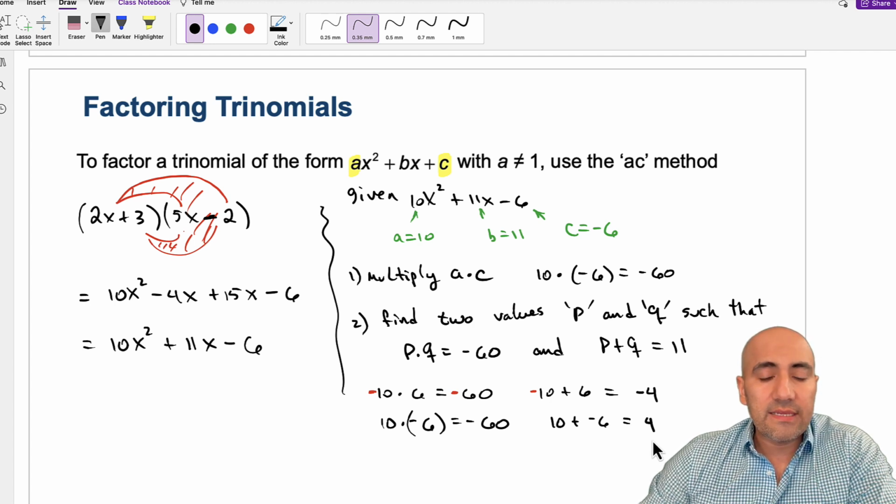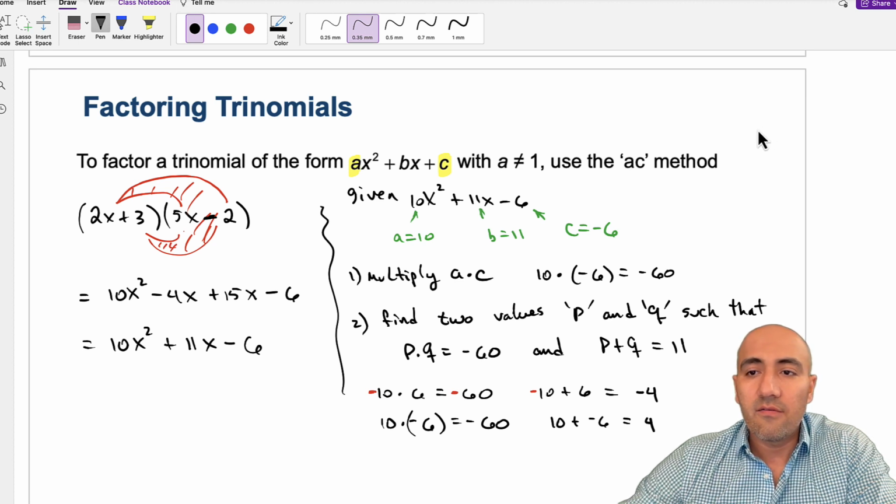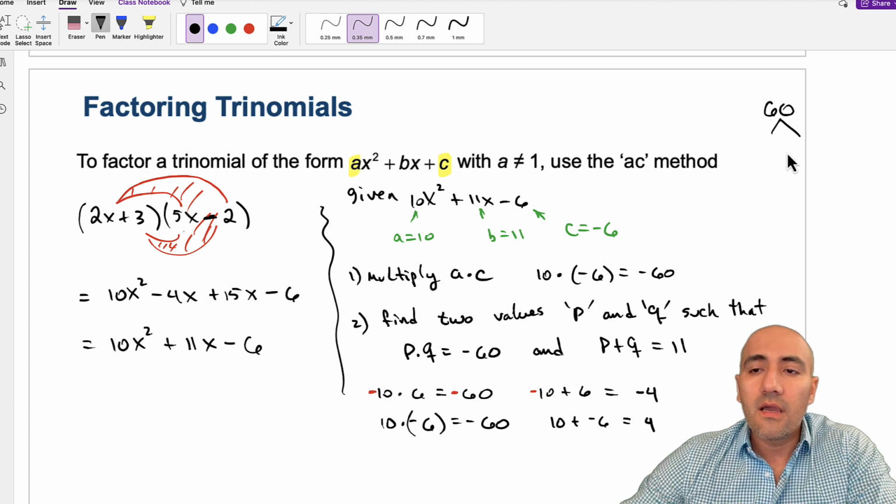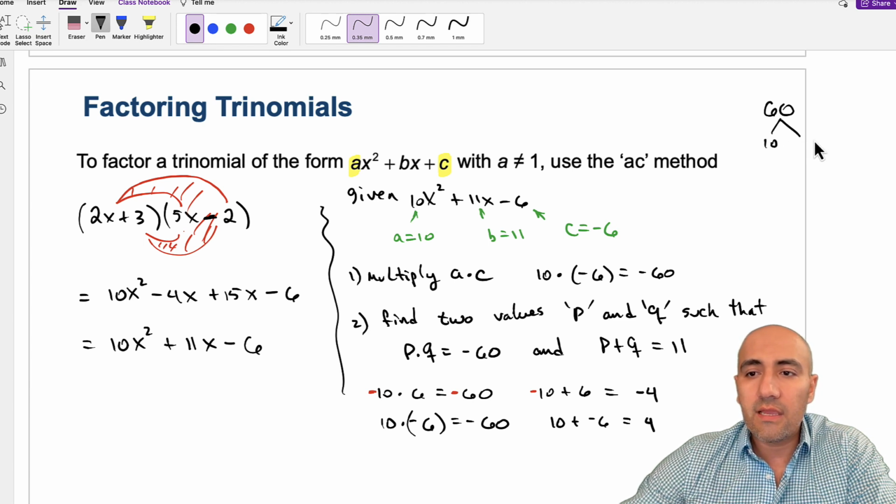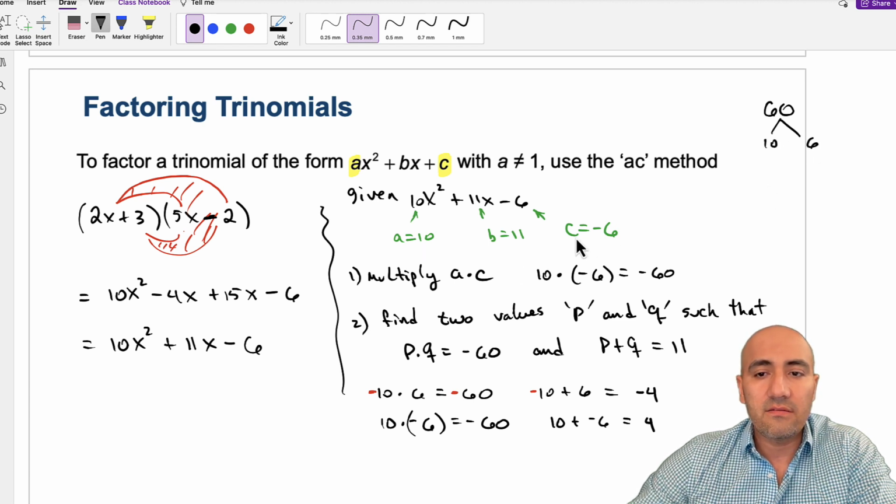Okay, so we can try different things. Two numbers that multiply to give me a 60. Well, that could get a little tricky. So in fact, you might want to do a tree for this. If the numbers are small, you can just kind of figure it out and try different things. Otherwise, you might want to do a factorization tree. So I'm going to factor out the 60 into 10 times 6, because that's an easy way to know what 60 is.